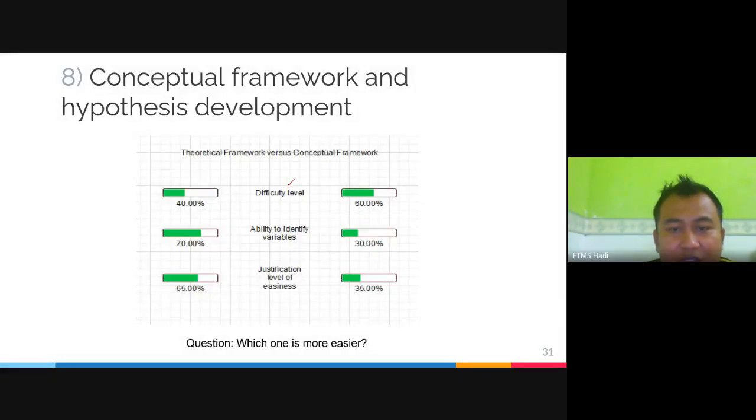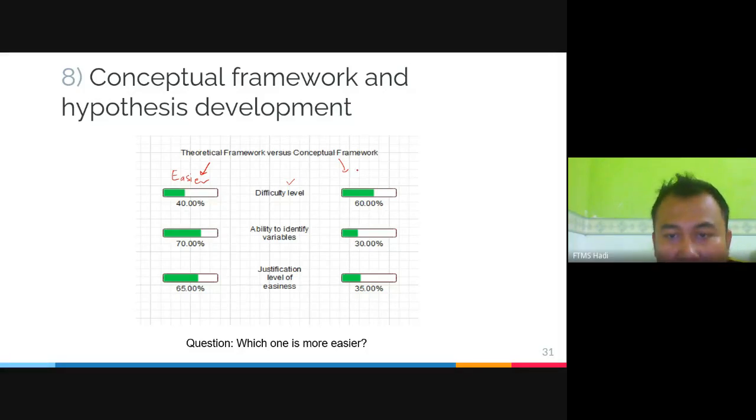Difficulty level: theoretical is easier than conceptual, because you already have the theory. It's up to you to modify or apply it, whether you use the theory totally or modify some.